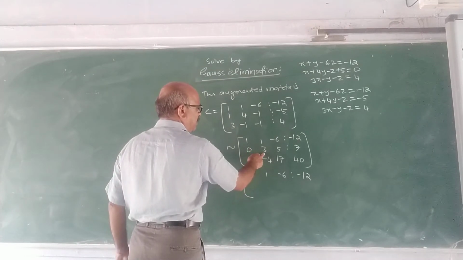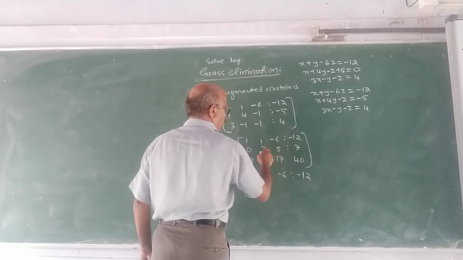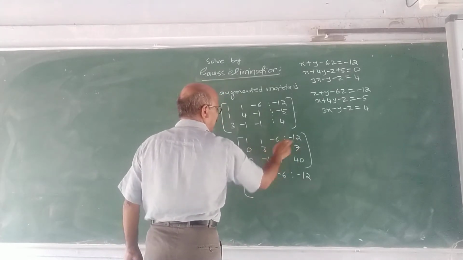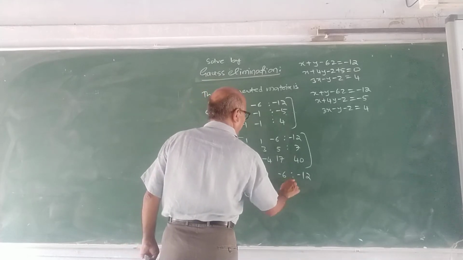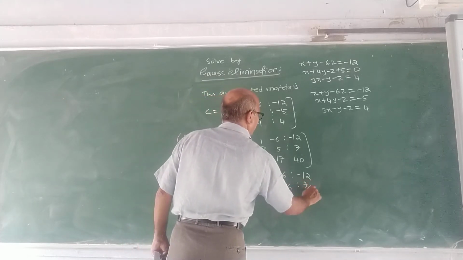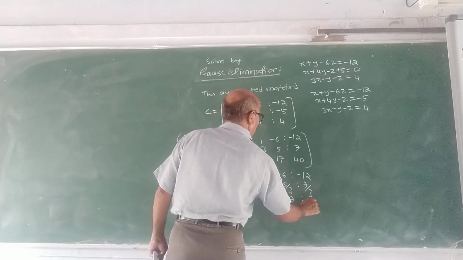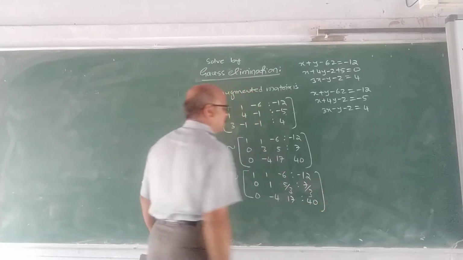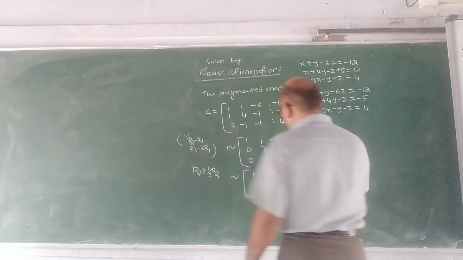This leading element of the second row must be 1, so we divide the second row by 3. First row as it is, second row 0, 1, 5 by 3, 7 by 3, and third row 0, minus 4, 17, 40.